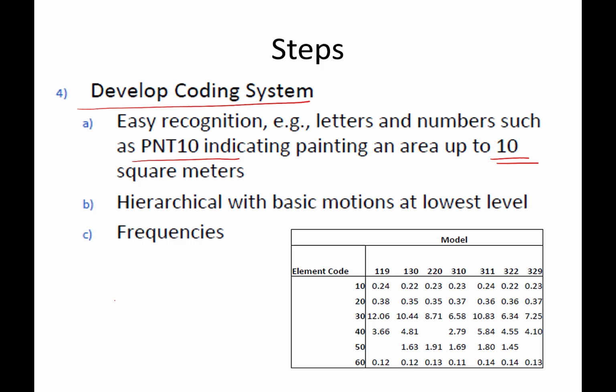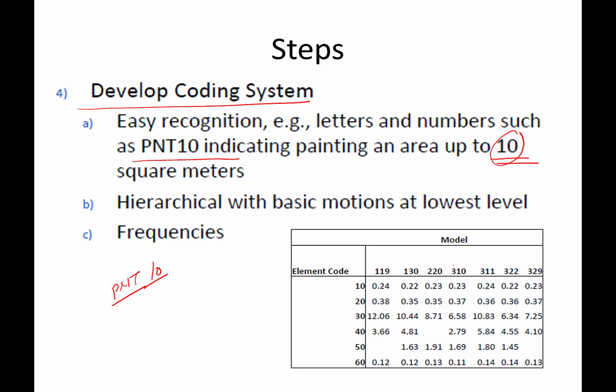So P and T is a kind of letter, and 10 is a kind of code indicating the variable for which the time is being indicated. Based on the kind of basic motions involved and the frequencies, these are ranked. So the important thing is just coding and then ranking.